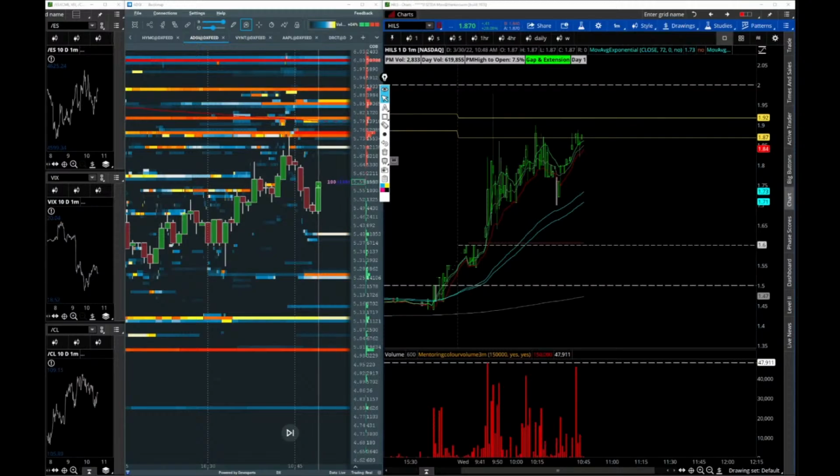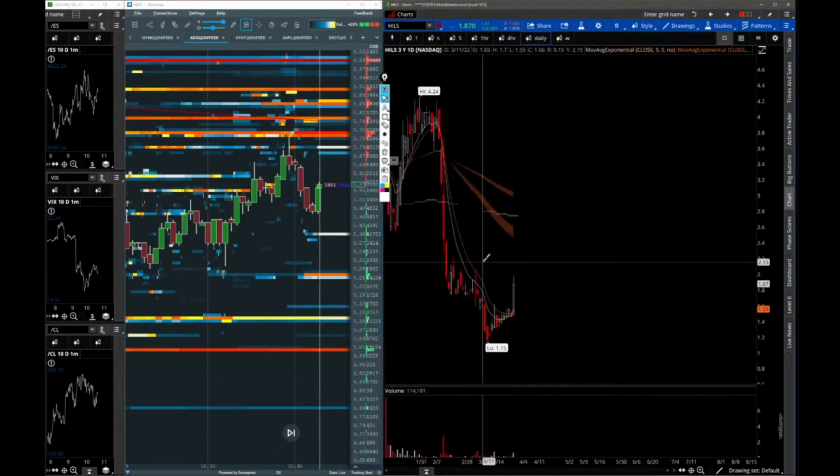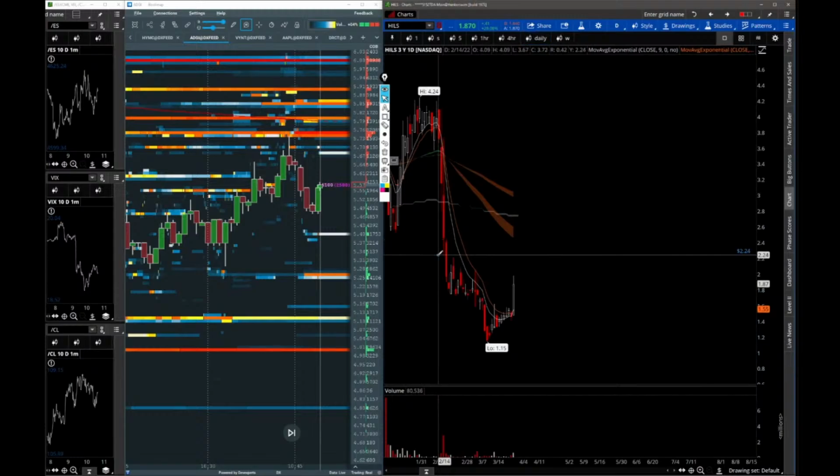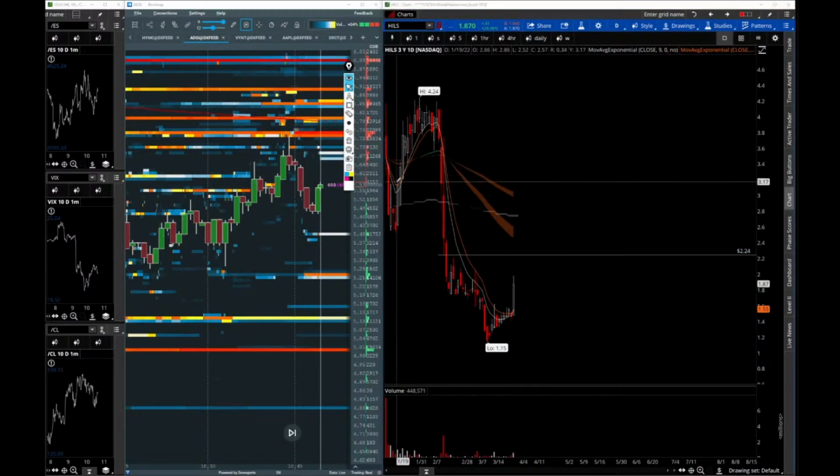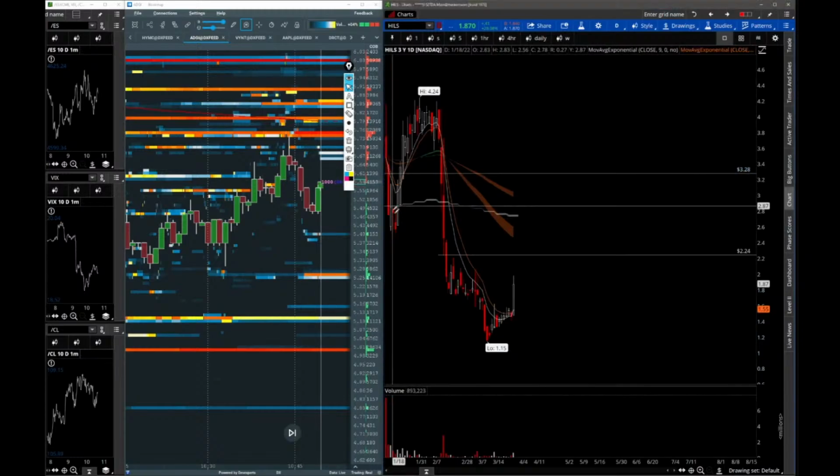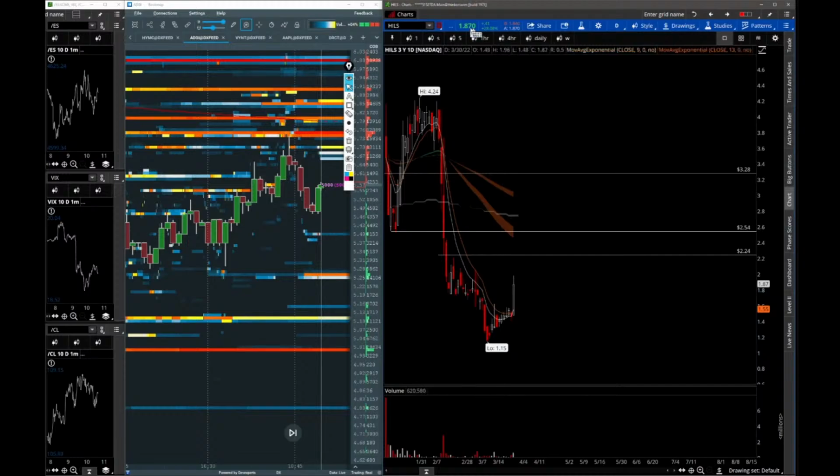Let's prepare also the order flow. So the main resistance over here on Hills is this 2.25. 2.25, 2.50, and 3.30.